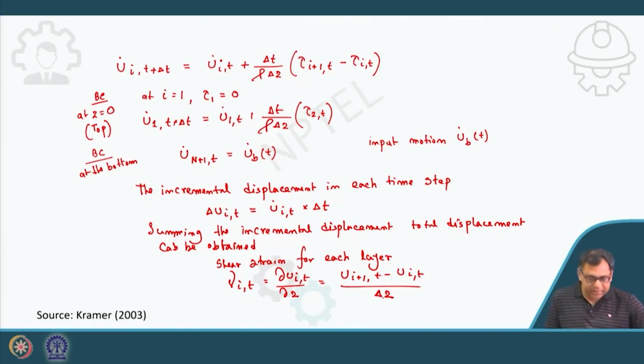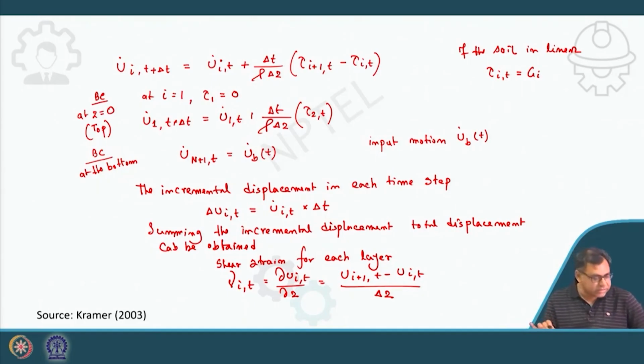Now, for the linear case, if the soil behavior is linear, if the soil response is linear, then shear stress is only a function of G and strain, not of time.